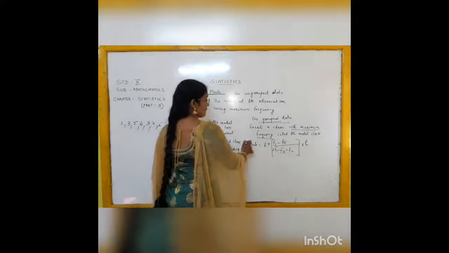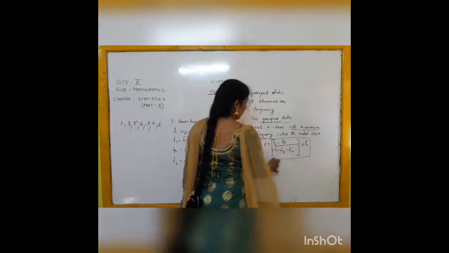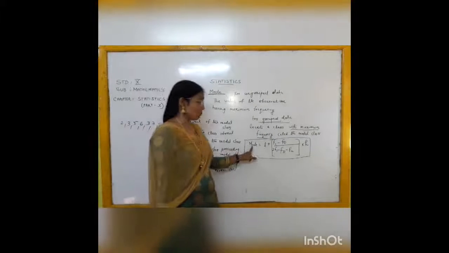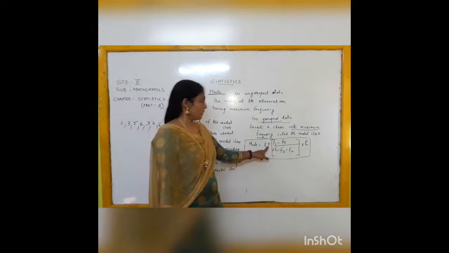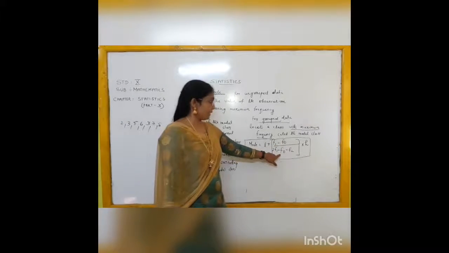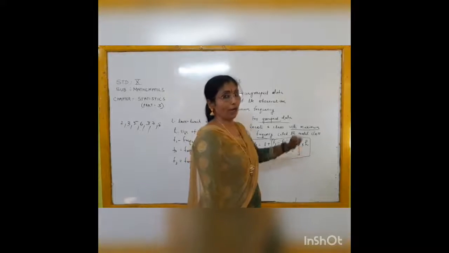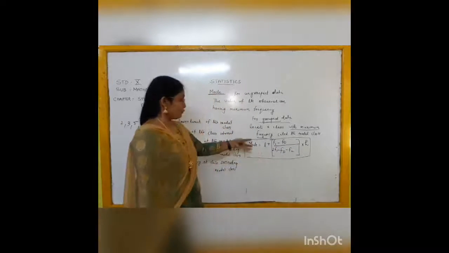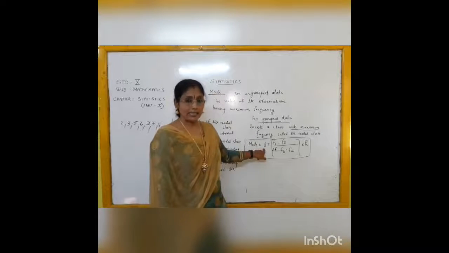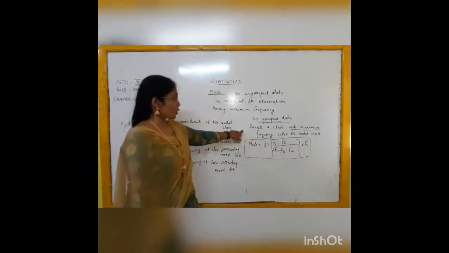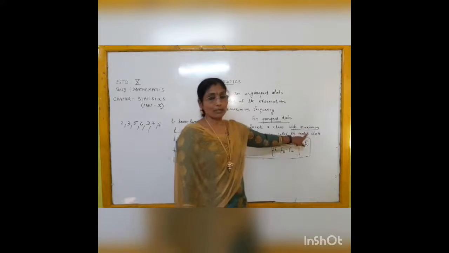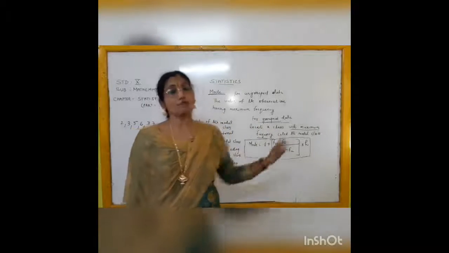Now for that purpose we are going to find the mode by using this formula. Mode is equal to L plus (F1 minus F0) divided by (2F1 minus F0 minus F2), into H. Now you may be confused about what all these values are. First, what is L? I already mentioned that you first have to find the modal class, the class with the maximum frequency.